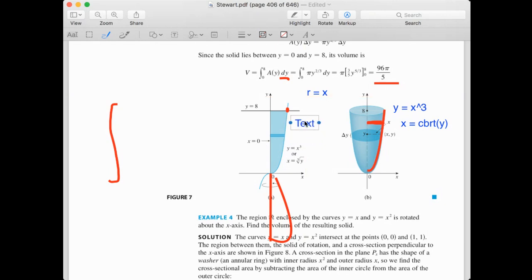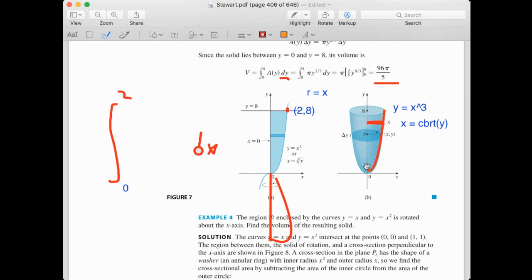At this point, when y equals a, we know y equals x cubed, so that means x equals 2. So 2 comma 8. So we're cutting the x-axis from 0 to 2, along the x-axis, dx.